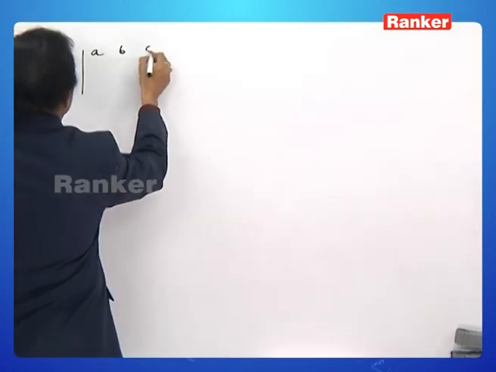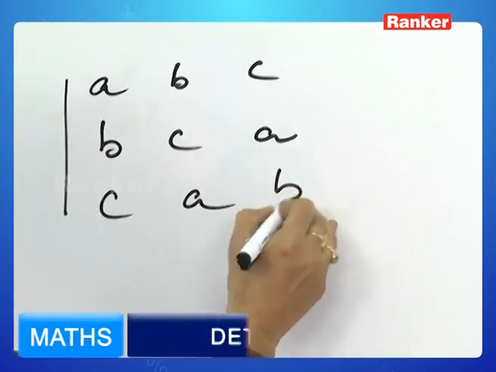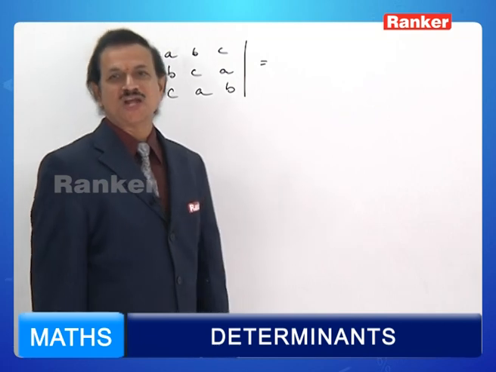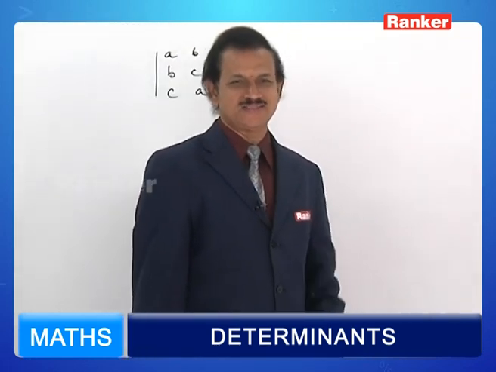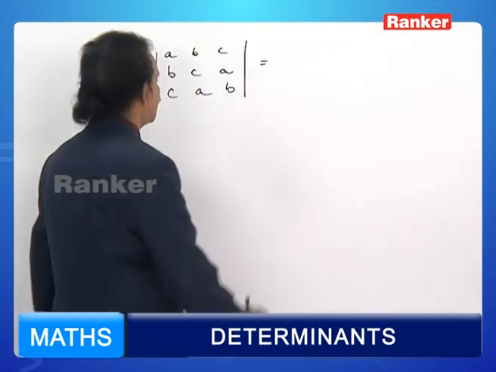A, B, C, B, C, A, C, A, B. One of the standard expressions, do you remember A cube plus B cube plus C cube minus 3ABC? Okay, let us have it. Come on.